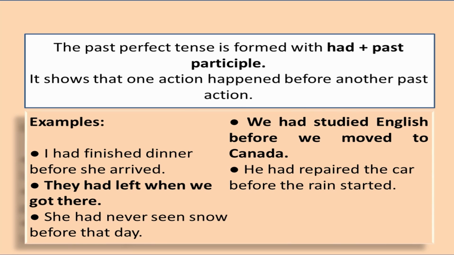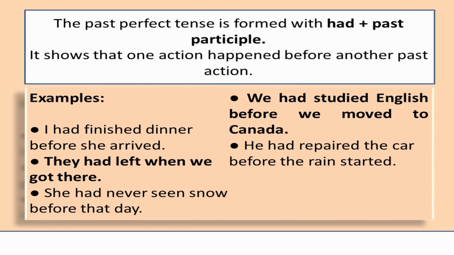And you remember when my car broke down, I got a mechanic who helped me to repair that car. But the mechanic, I got him before the rain started. And he repaired the car before the rain started. Then I say he had repaired the car before the rain started.